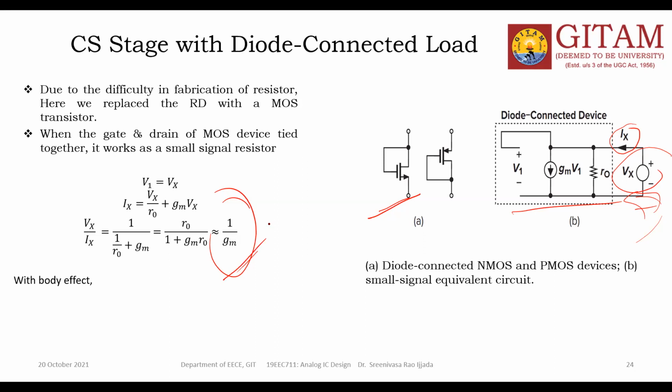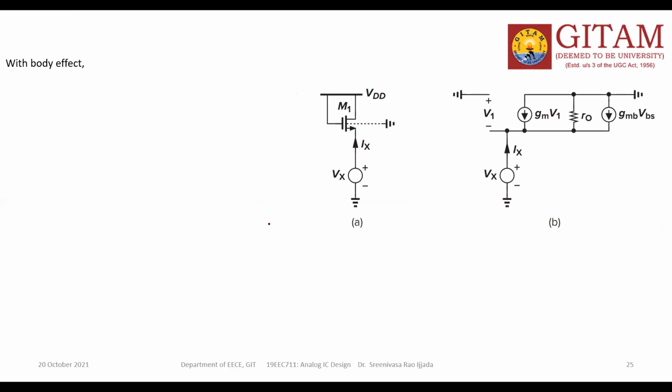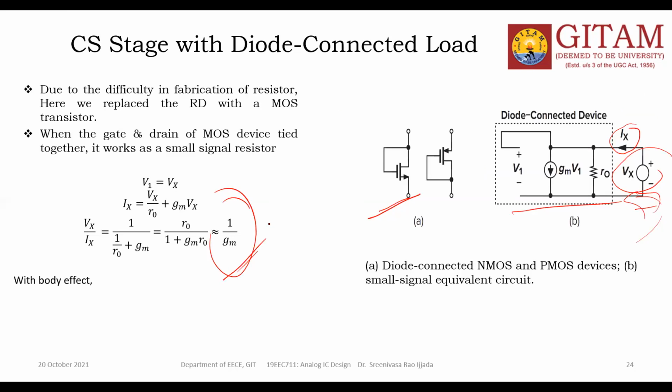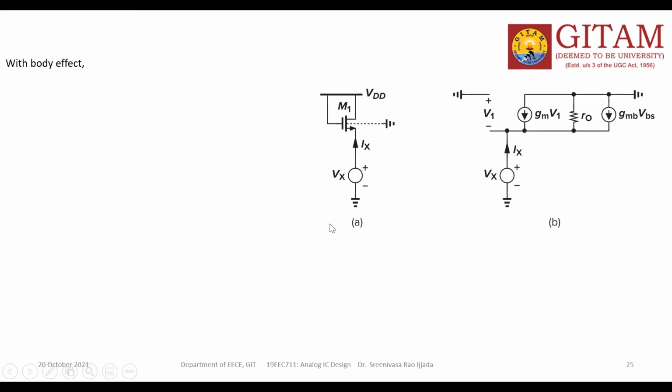Understand? Okay. This is without body effect. Suppose for the same circuit, if you consider the body effect, then what happens? For the same circuit, the body effect is added. Then this is your circuit. This is the body. So whenever you consider the body effect, this will come into the picture.